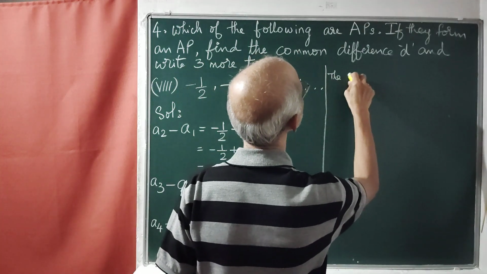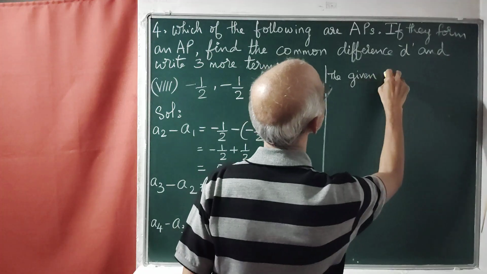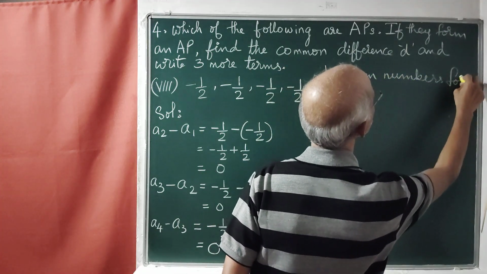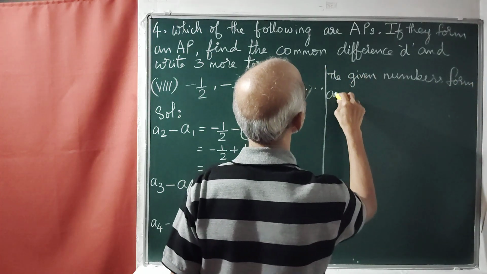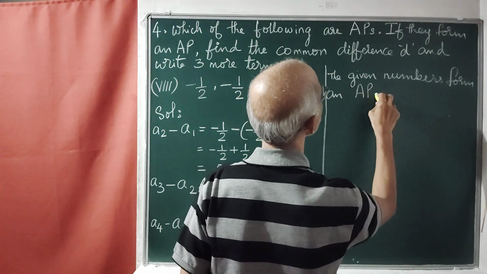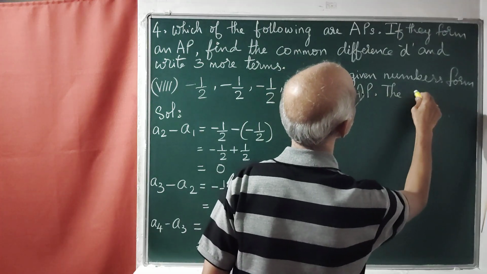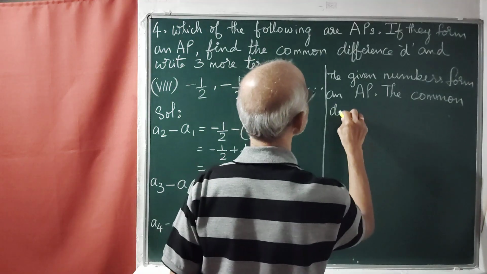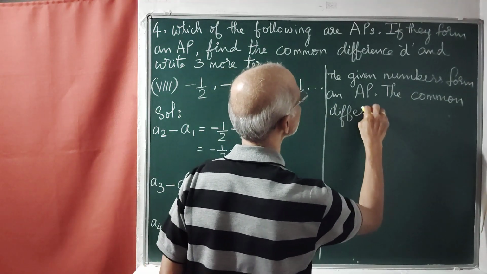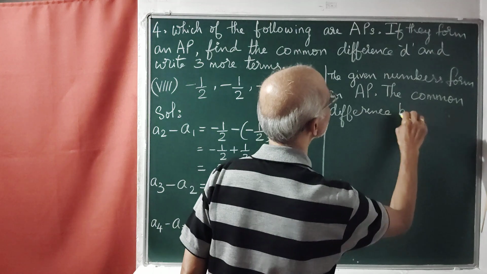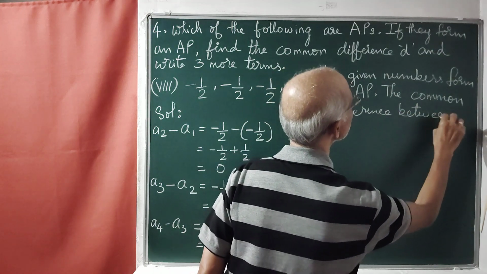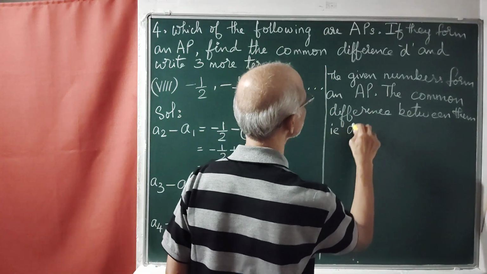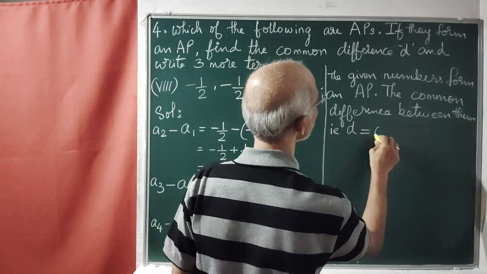The given numbers form an AP. The common difference between them, that is D is equal to 0.